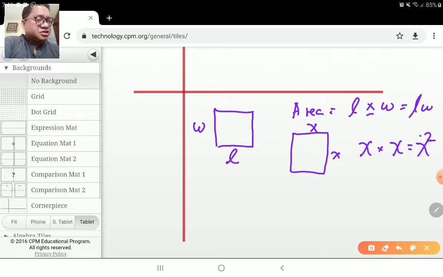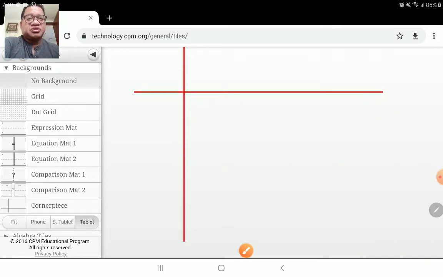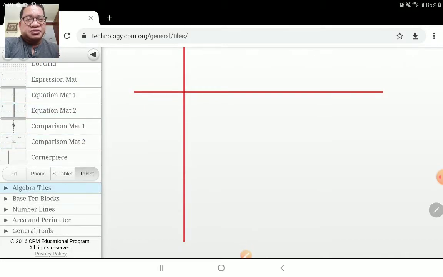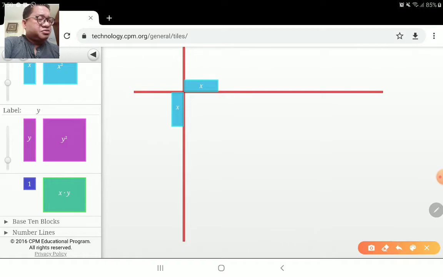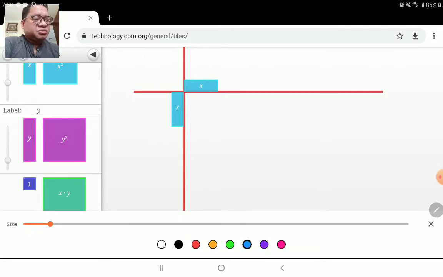Algebra tiles are very important so that you can actually visualize the problem. So let's say we want to have x times x. So this is the side x, and then I have another side x. As you can see, if we have a side x and another side x, when you draw it, it will make a square.